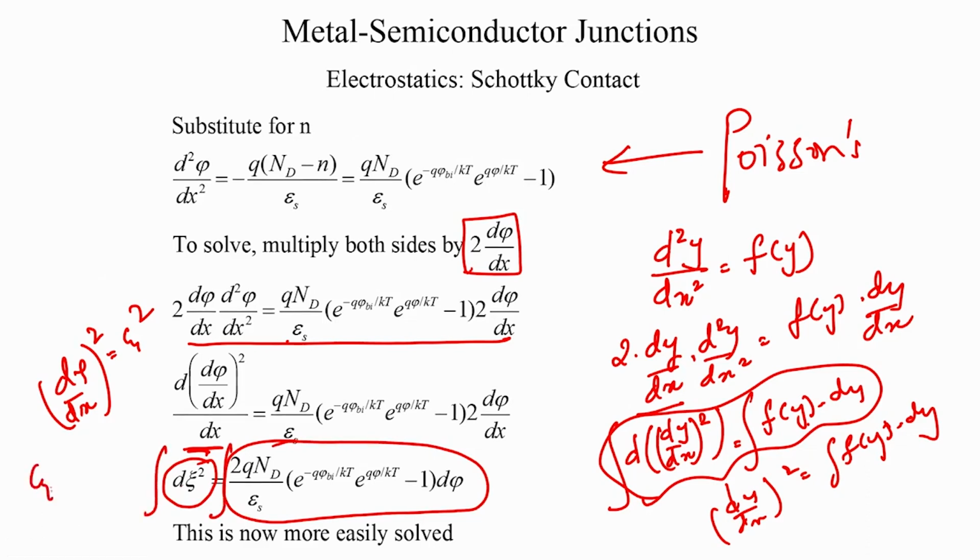The left side will be the electric field square, and after you integrate the right hand side term, you will get some function of phi, and we now know the electric field to be the square root of that particular term. So, this is very much solvable, and in fact, we will go ahead and solve it in great detail later on.